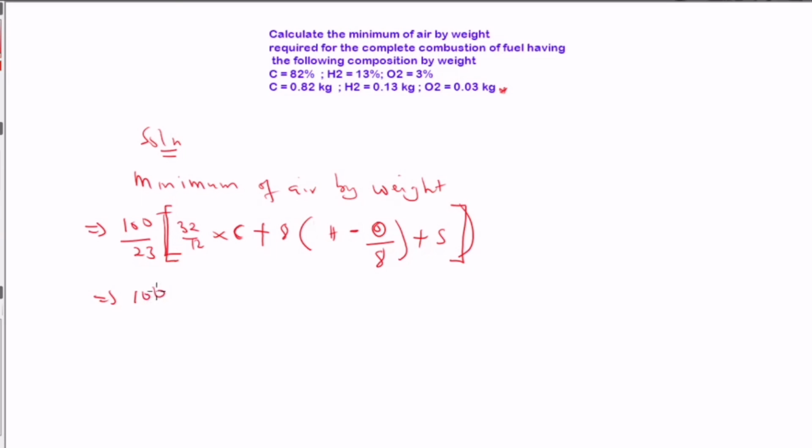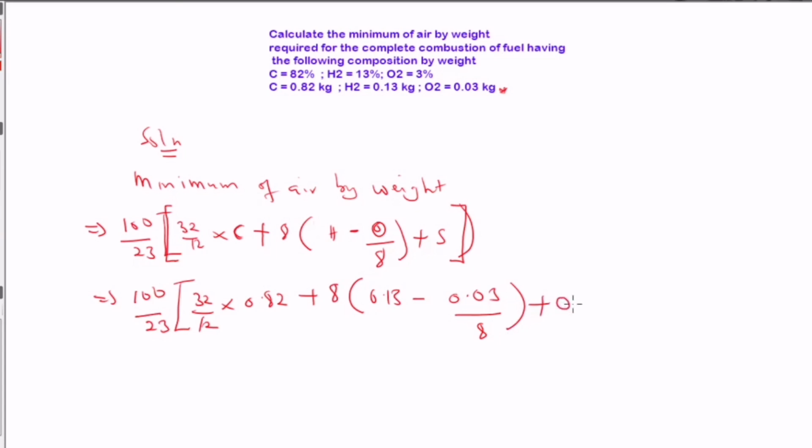We have 100 over 23, then bracket open, we have 32 over 12, times the composition of carbon, which is 0.82, then plus we have our 8, hydrogen is 0.13, then minus 0.03 over 8, then plus we have our sulfur to be 0, then you close the big bracket.